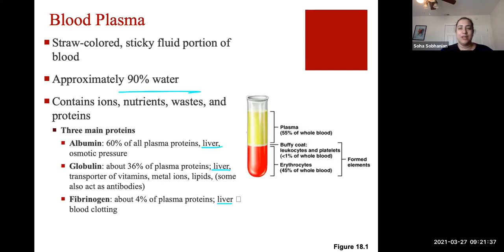Typically, an exam question is, what component of blood is involved in blood clotting? Okay, so if I say what component of blood is involved in blood clotting, what would you answer me, guys?